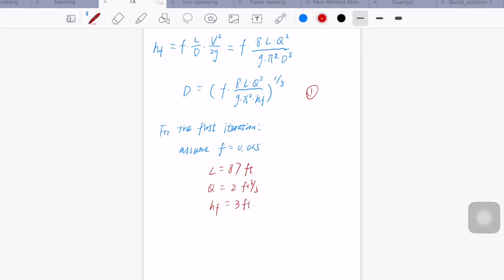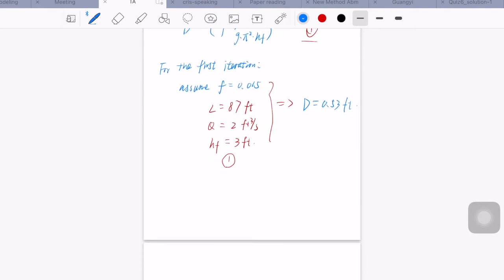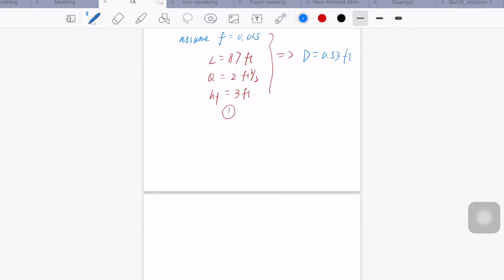And according to equation 1, we can get that D is 0.53 feet. And now we need to calculate the Reynolds number. So the Reynolds number equals 4 times Q divided by pi times D times nu.